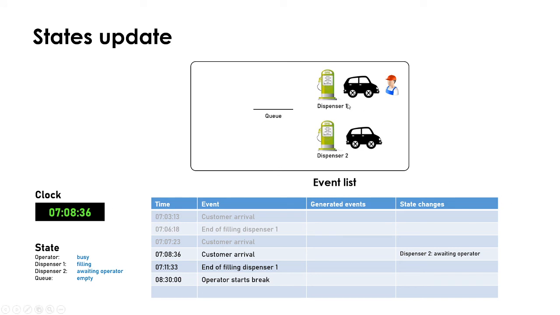You can see how much you've been using the dispenser, or how much time it's been idle or waiting for the operator, so that by analyzing all those results, you can make decisions regarding whether you should have more dispensers or more operators.